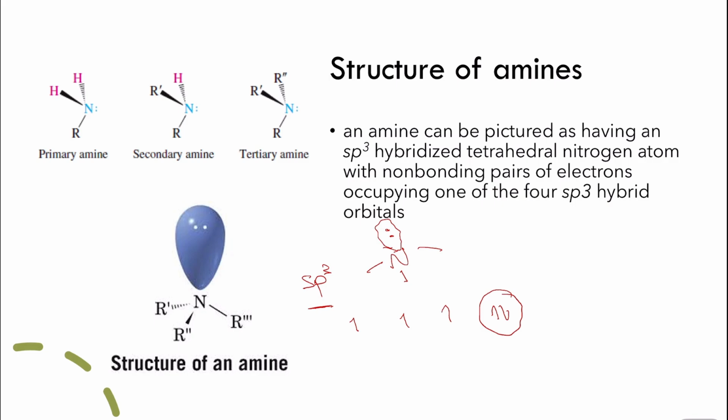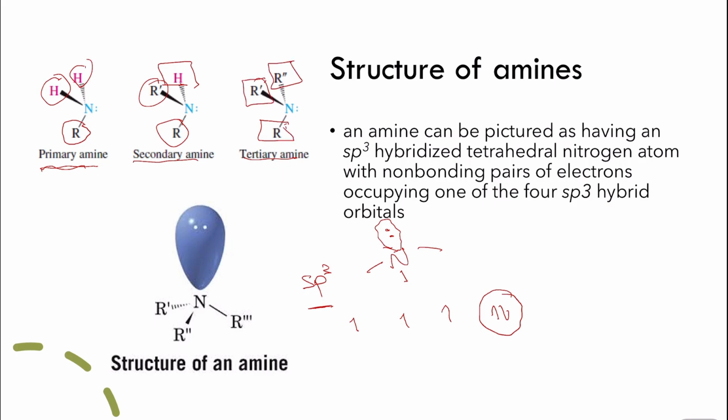So we now focus on the nitrogen itself. Primary amines have only one alkyl group and 2 hydrogens. Secondary amines have 2 alkyl groups and 1 hydrogen. Tertiary amines have 3 alkyl groups attached to the nitrogen.